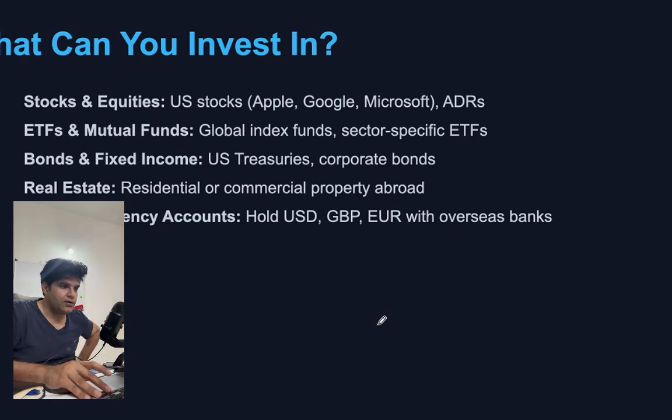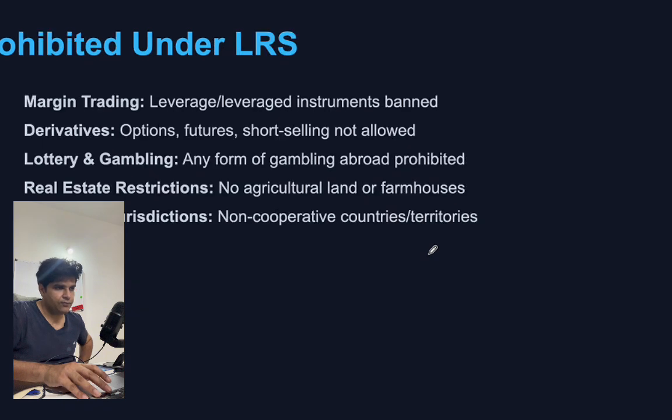ETFs, different ETFs which are tracking the indexes and specific sector ETFs, bonds and fixed income, also US treasuries and corporate bonds, real estate, right, residential and commercial properties abroad, and foreign currency accounts as well. So this is basically to ensure that you can invest in the US by all these means, whichever you feel is the right one for you.